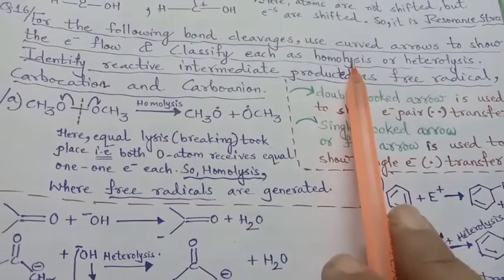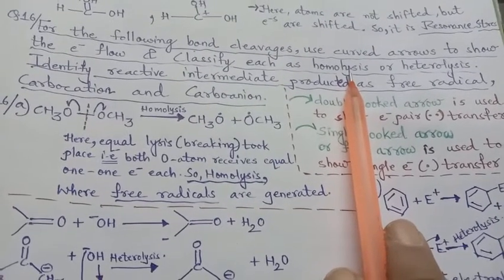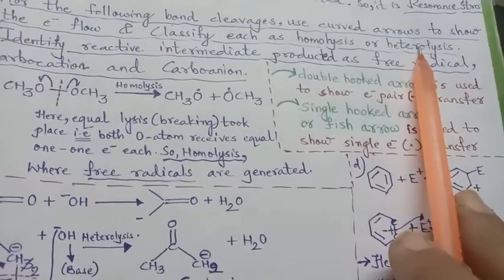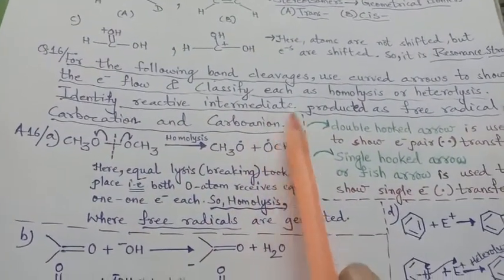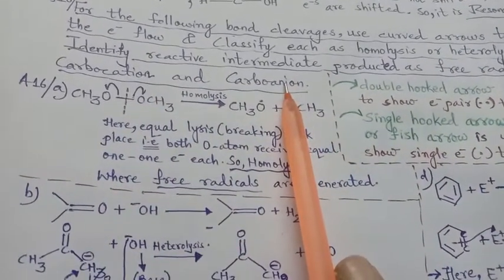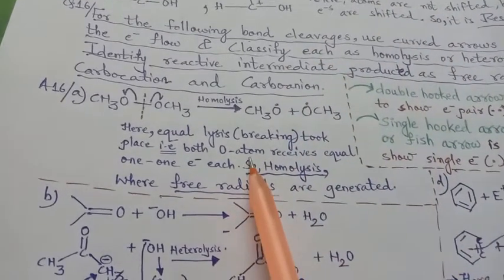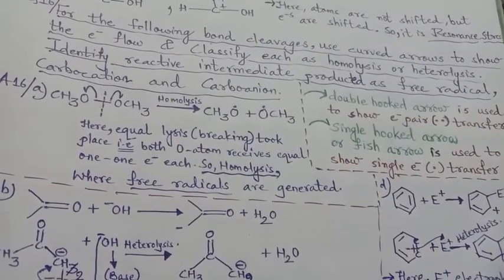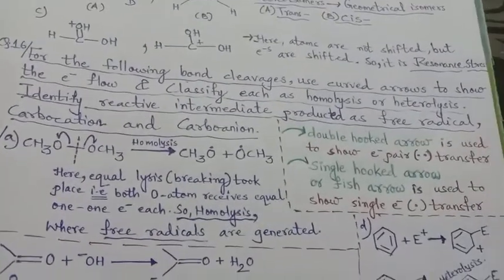Homolysis means breaking of a similar bond, acquiring similar electrons, and heterolysis means acquiring a cation and an anion. And identify the reactive intermediates produced as free radicals, carbocation or carbanion. So we have to identify the cleavages, homolysis or heterolysis, and also find out whether a free radical, carbocation, or carbanion is produced.